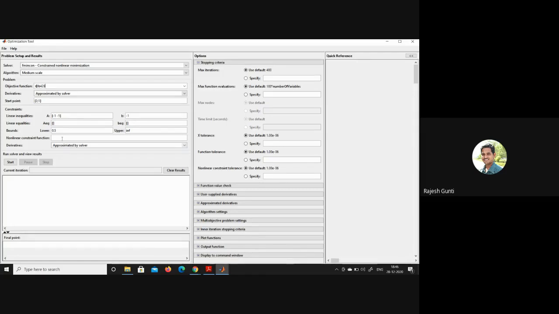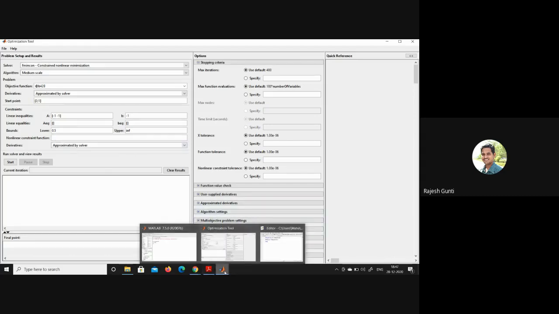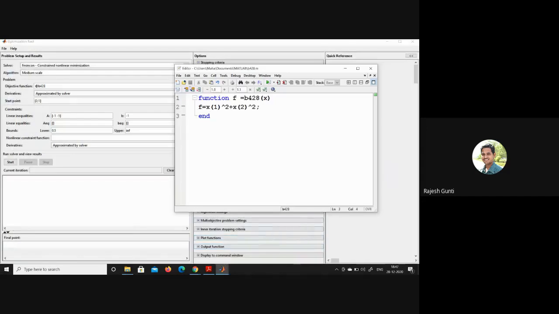Next, nonlinear constraint functions. Another M file you have to create. Function. Here two things, two equations: one is C and another one is CEQ. One is the nonlinear constraint inequalities, another one is the nonlinear constraint equalities.